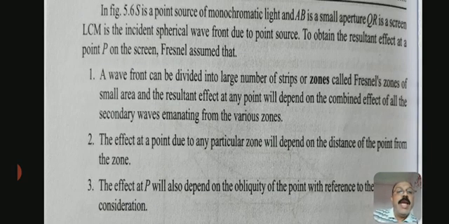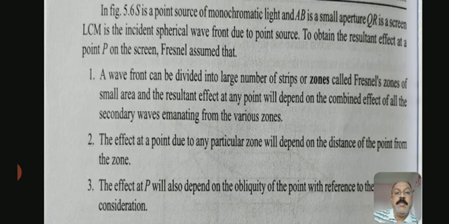A wavefront can be divided into a large number of strips or zones of small area, called Fresnel zones, and the resultant effect at any point depends on the combined effect of all the secondary waves emanating from the various zones.